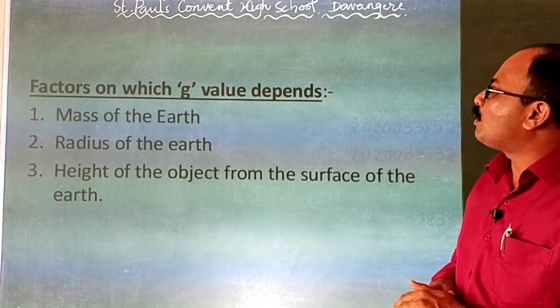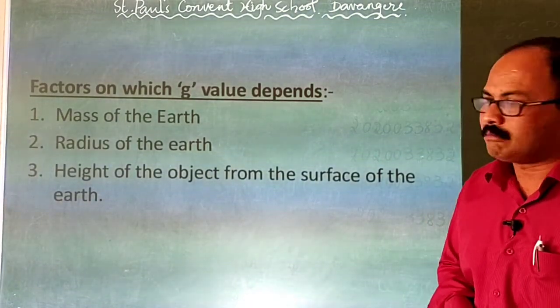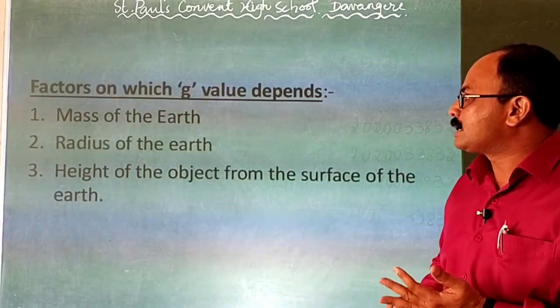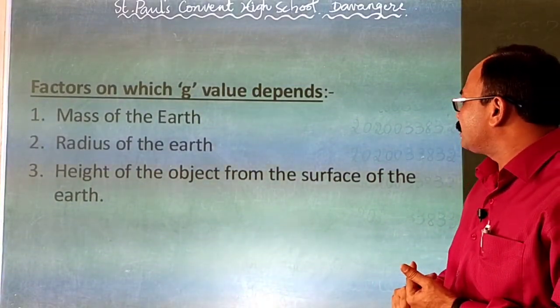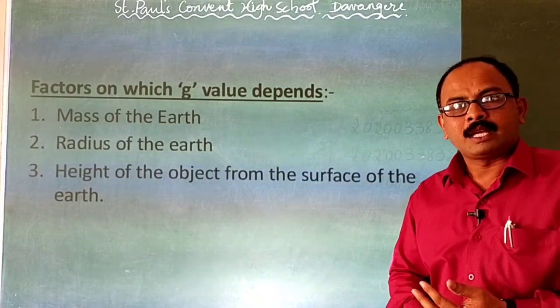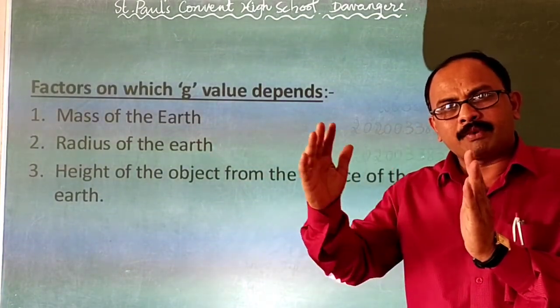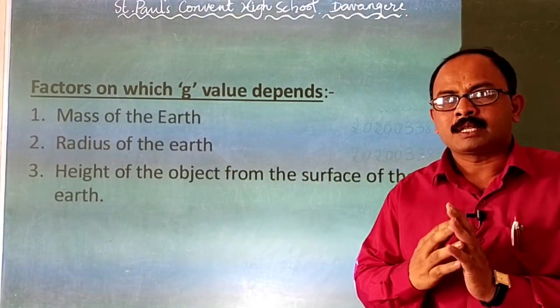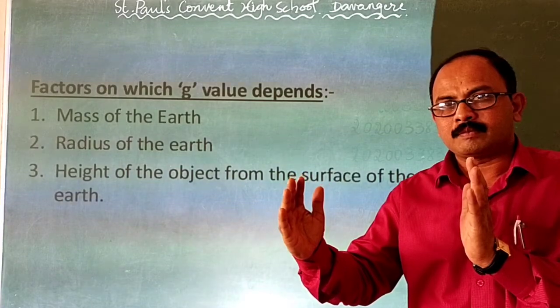Factors on which value of g depends. Value of g depends on mass of the earth, radius of the earth, that is distance, then height of the object from the surface of the earth. Even an object which goes away from earth's surface, g value will go on decreasing.